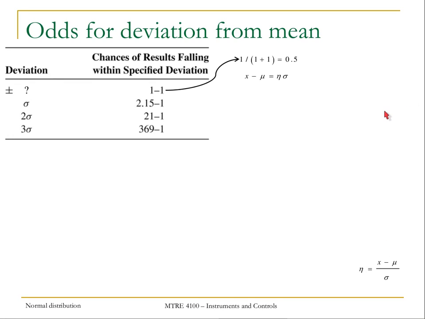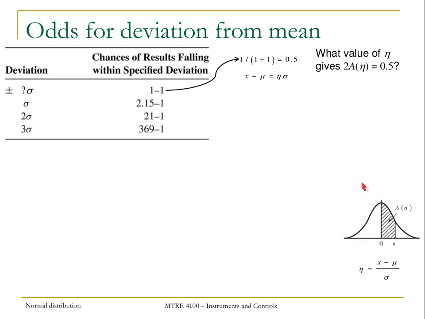Anyway, let's just say we want to find the eta values that correspond to a 50-50 chance. And once we have that value of eta, we can find the distance from the mean mu by multiplying through by sigma. So we want to find what portion of sigma gives you a 50-50 chance, or in other words, what value for eta will give you this area.